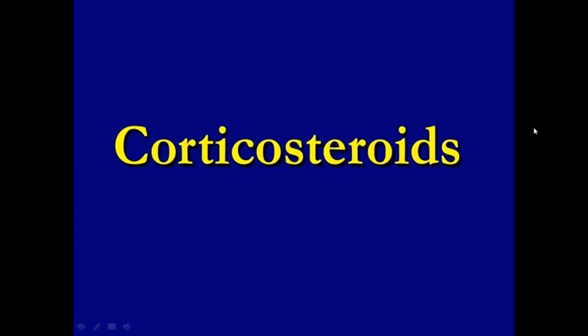So corticosteroids are the adrenocortical hormones. Why are they known as adrenocortical hormones? Because they are produced in the adrenal cortex, or they are secretions of the adrenal gland. That's why they are known as adrenocorticosteroids or adrenocortical hormones. The secretion of the adrenocortical steroids is controlled by the pituitary release of corticotrophin, that is ACTH, adrenocorticotropic hormone.